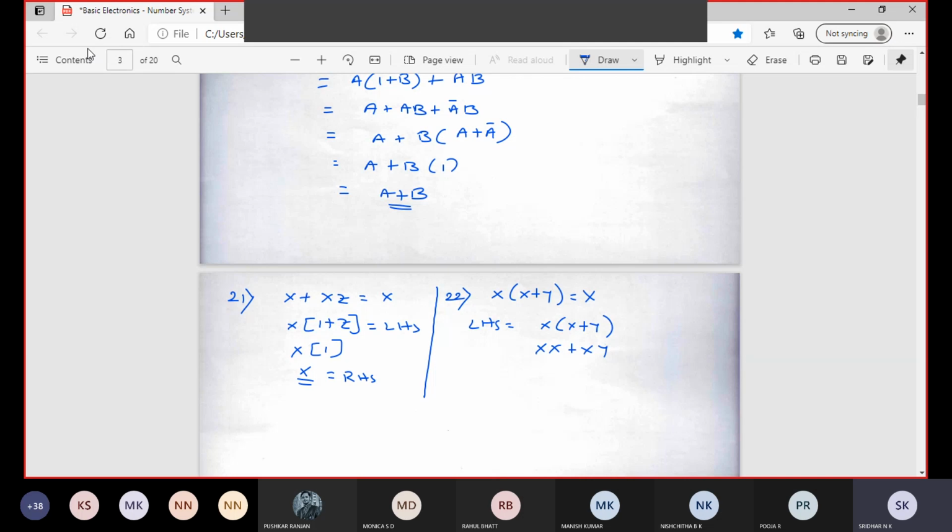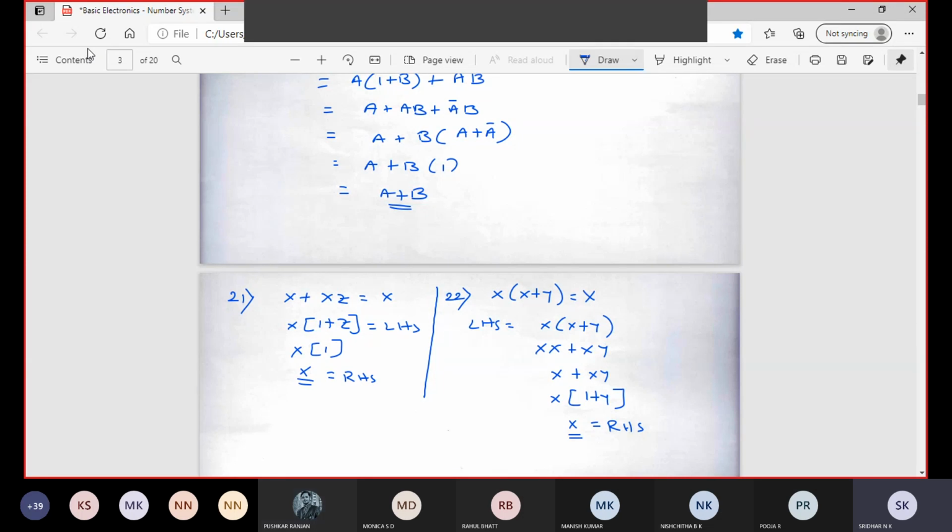And xx is nothing but x, plus xy you write as it is. Now take x as common: x into (1 plus y), which is nothing but x. Correct? Yes, sir. Any doubt till here? No, sir.